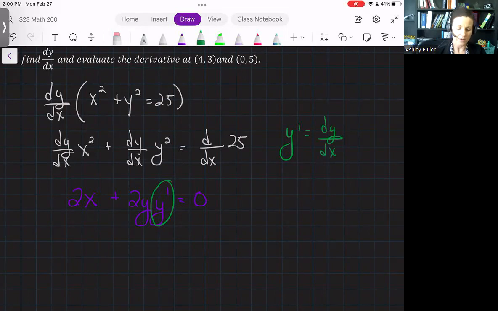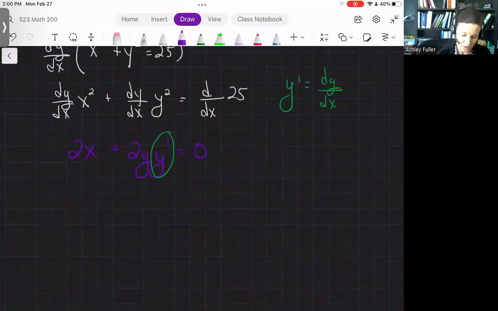So if I want to know the value of dy over dx, I can now solve this by subtracting 2x. And I have 2y times y prime equals negative 2x. I can divide both sides by 2y. And so I get y prime. Again, that's nothing more than dy over dx is negative x over y.